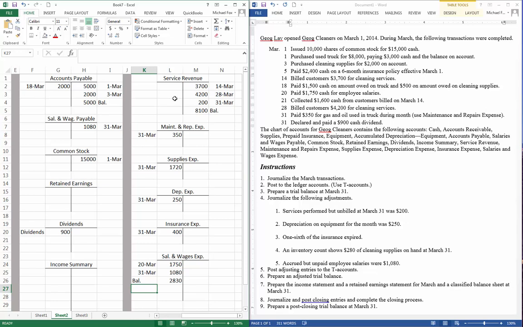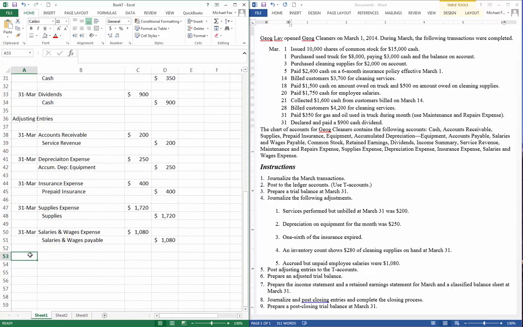Okay, so service revenue has a balance of 8,100 on the credit side, and I have to do a closing entry that will do service revenue, a debit of, what was it, 8,100? And then I've got to credit it to somewhere. So I use a special account that I only use for closing called income summary. And I credit that account 8,100. So that would be the closing entry for revenue.